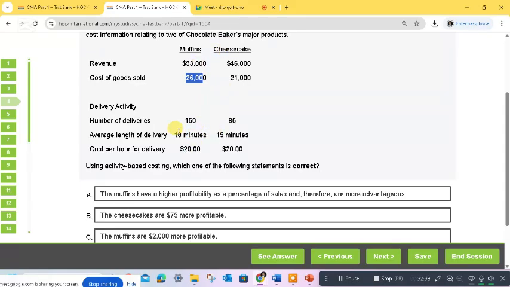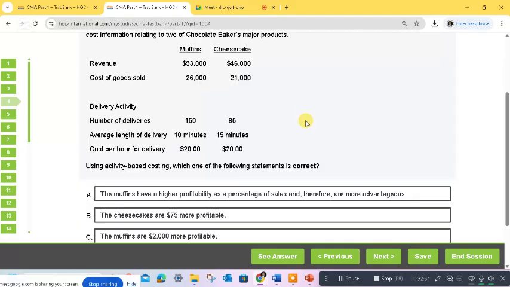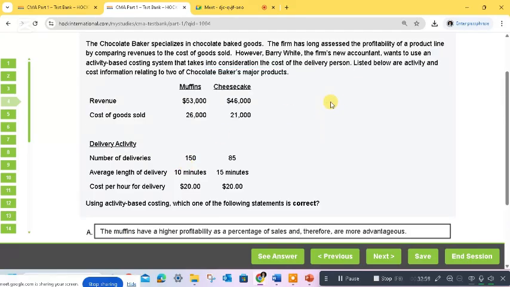So he wants to use activity based costing and subtract the delivery cost also, and then find. See here, wants to use an ABC system that takes into consideration cost of the delivery person also. Right. So using activity based costing, which one of the following statement is correct? So it's about which is more profitable, which is less profitable. Shall we see?